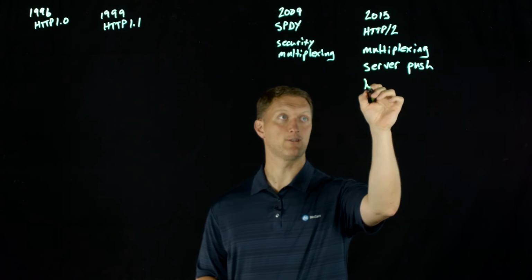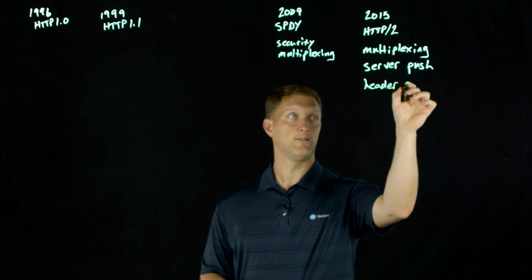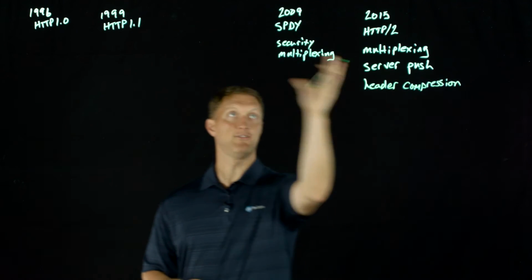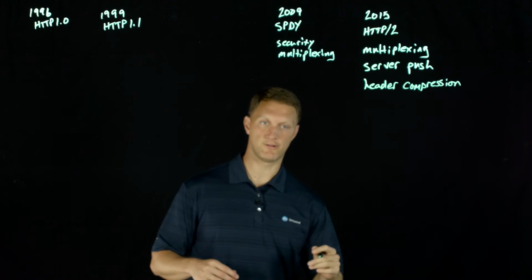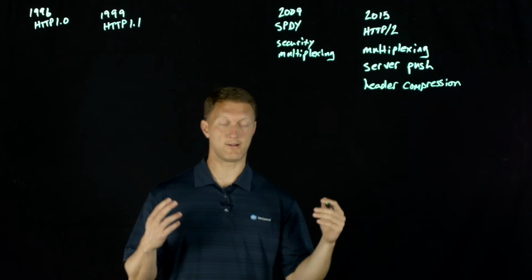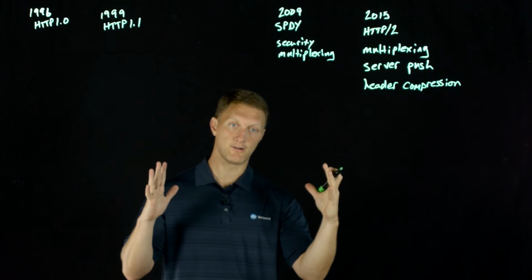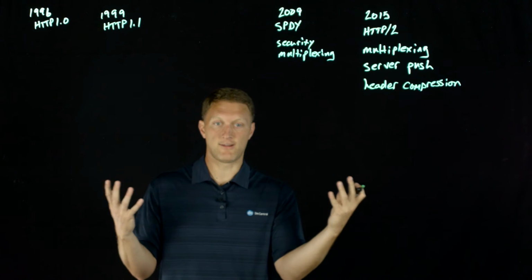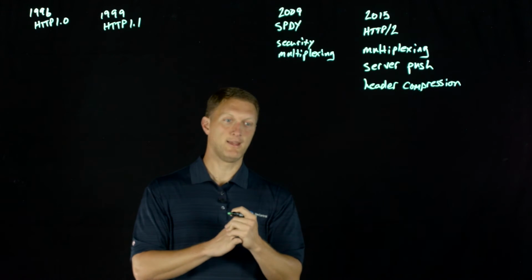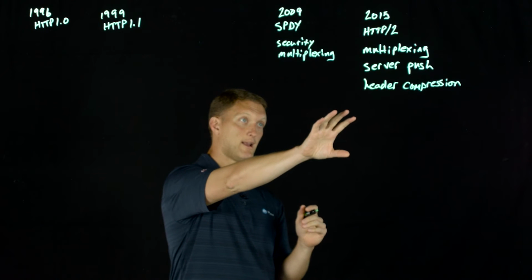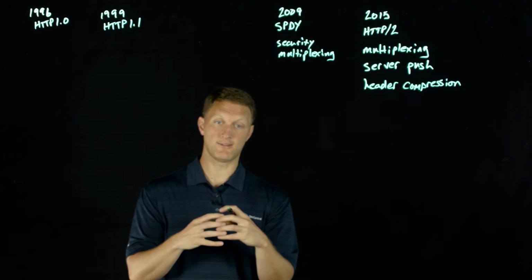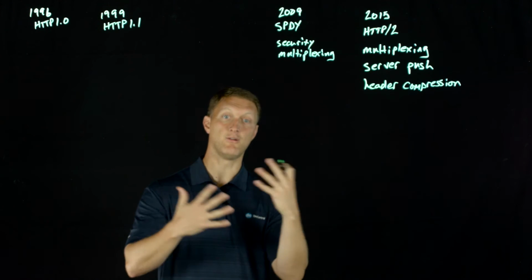I'm going to put header compression up here, which is another great benefit of HTTP2. If you go back to some of the other HTTP protocols, there's a lot of header information that can be duplicated on the wire. If you look at an HTTP header, it's got a lot of stuff in there that can effectively be sent just one time, and so with a slight amount of compression in HTTP2, you can significantly decrease the amount of header information that needs to be transmitted over the wire.